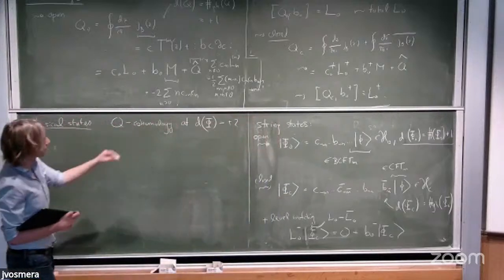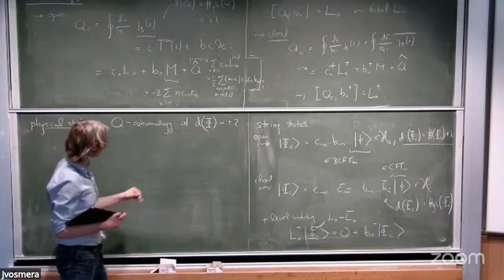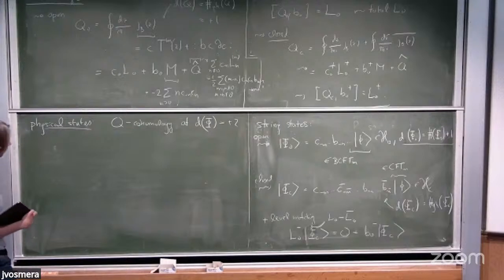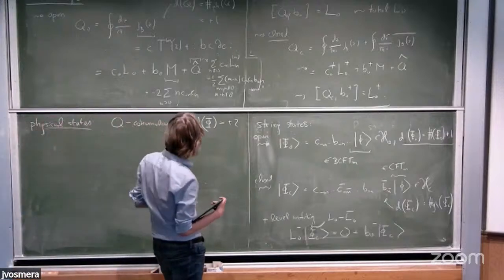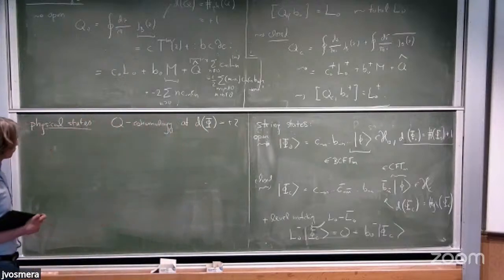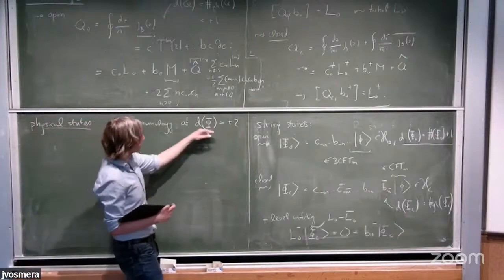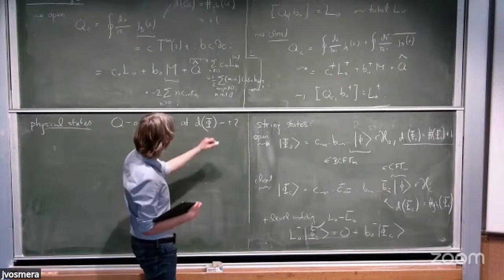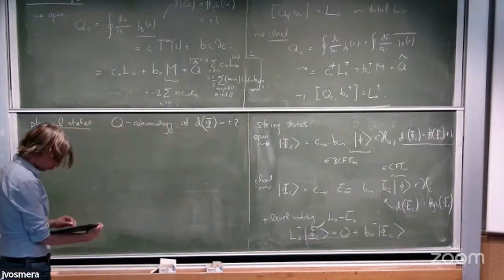So this is one of the advantages of introducing this degree instead of just working with the ghost number, because if you were working with the ghost number, the cohomology would have to be specified at different ghost numbers for open and closed strings. Whereas if we work in terms of this degree, you can just say that it's degree +2 for both.